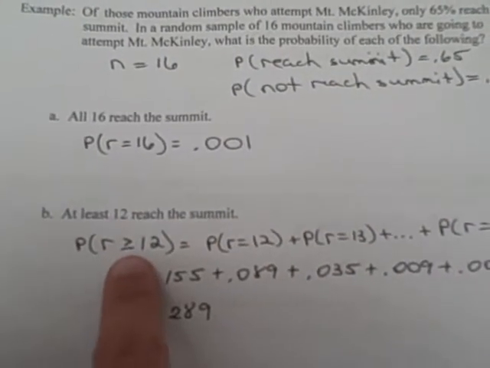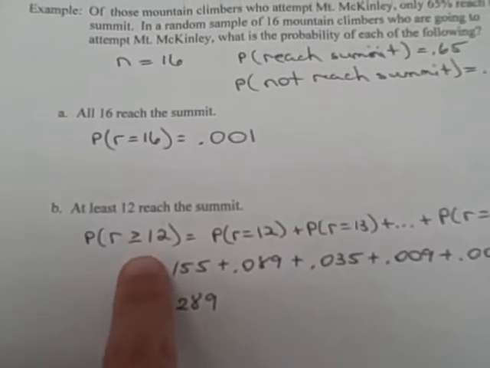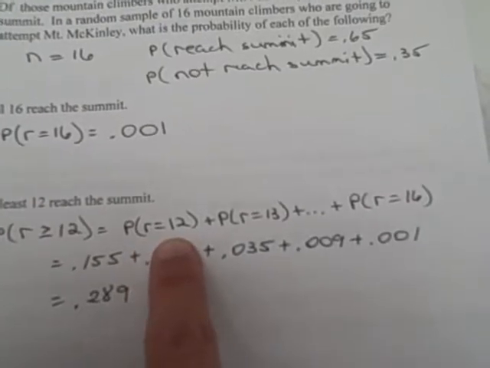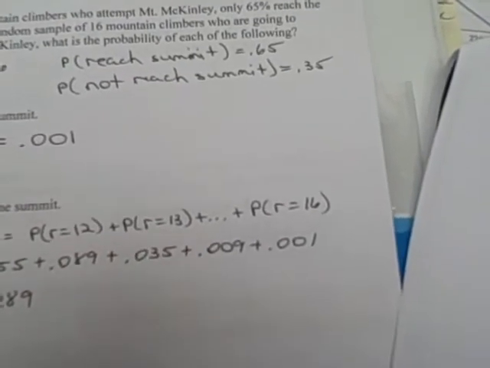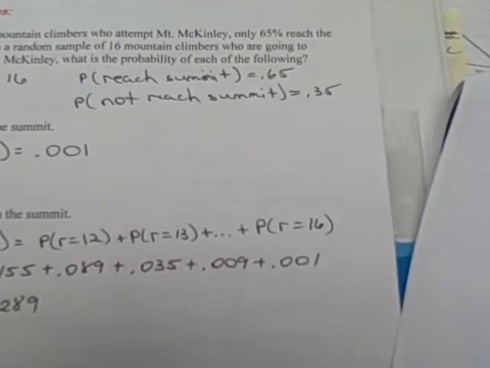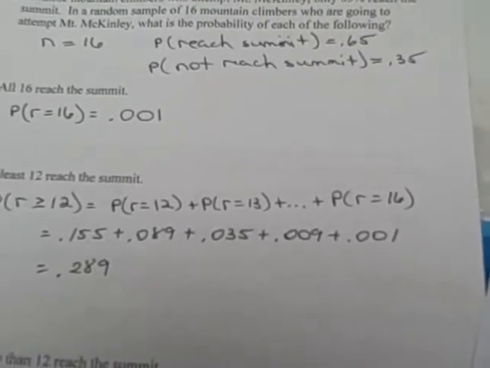Next, at least 12 reach the summit. At least 12 means 12 or more. So this is the probability that r is greater than or equal to 12. We take the probability for r equal to 12 plus r equals 13 plus r equals 14 plus r equals 15 plus r equals 16.